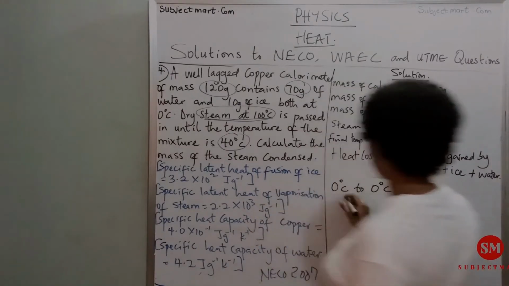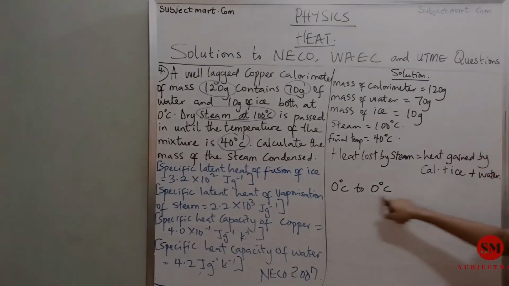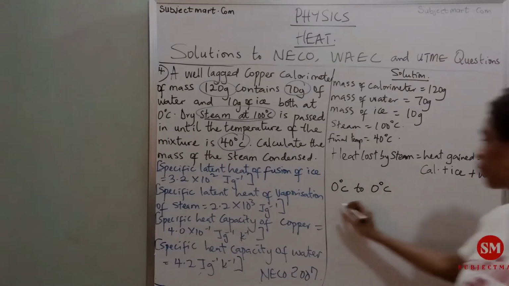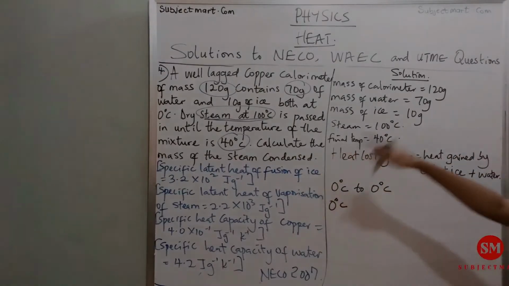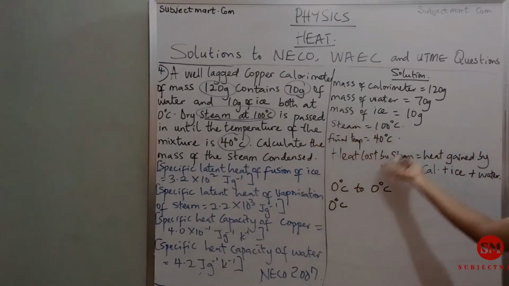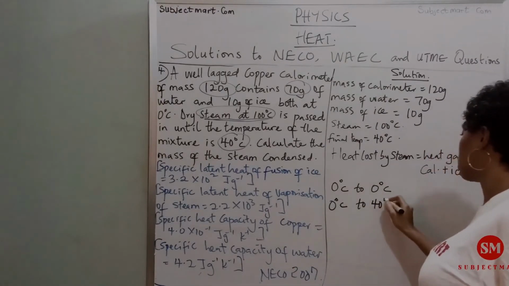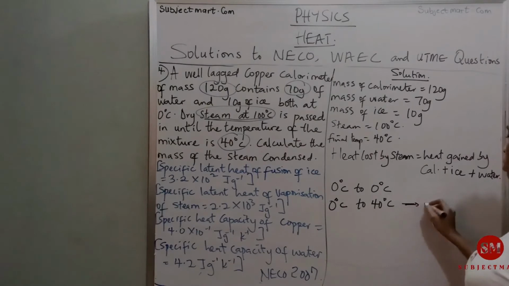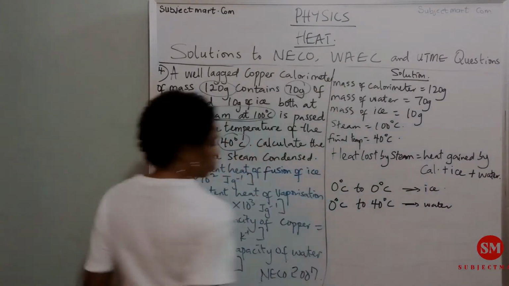Then the ice will change to water from 0 degrees to 0 degrees C. Then from 0 degrees C, we are told that the temperature increases to 40 degrees C after passing in steam. So from 0 degrees C to 40 degrees C, there was a change in temperature. This is for the water and this is for the ice. Okay, so for steam already we have 100 degrees. So I'll just go ahead and do my calculations.